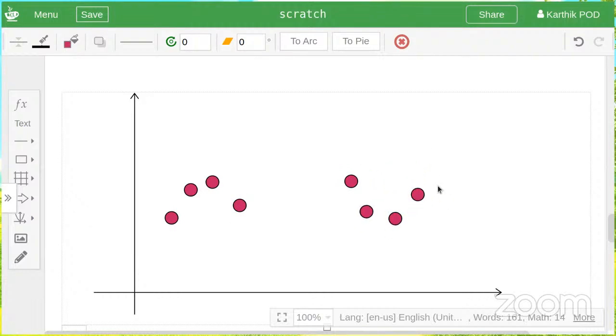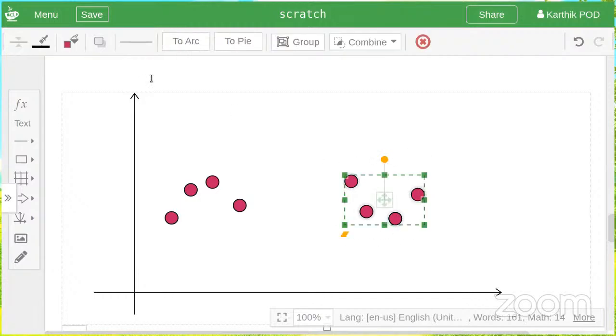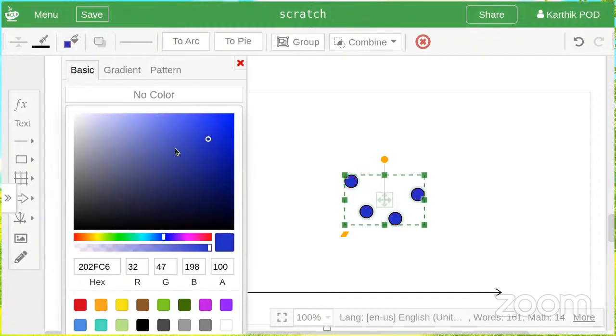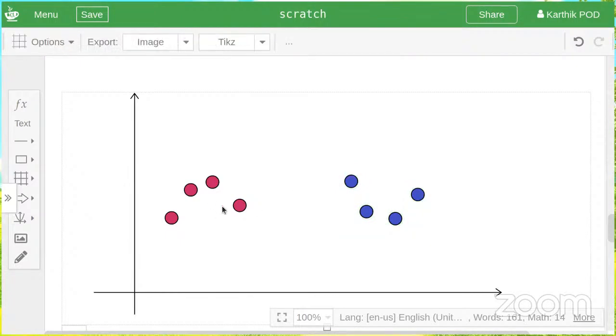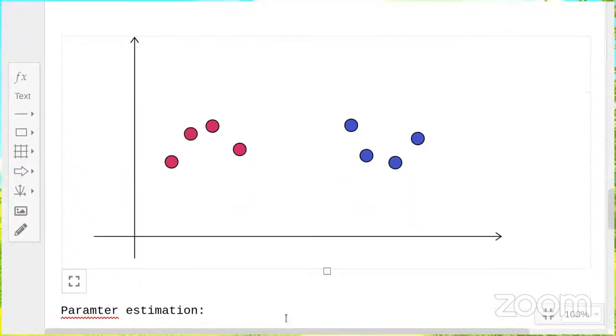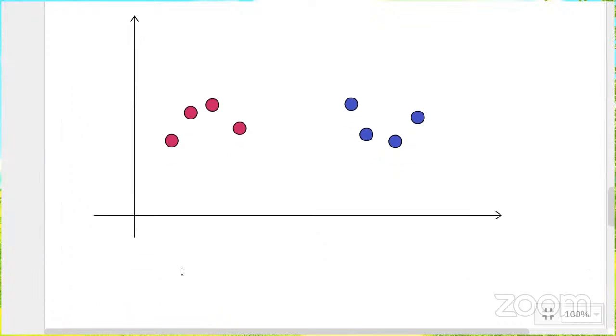So what a generative model will do is try to model the data distribution. Crudely speaking, it'll try to say that this particular data coming from class 1 looks like this.